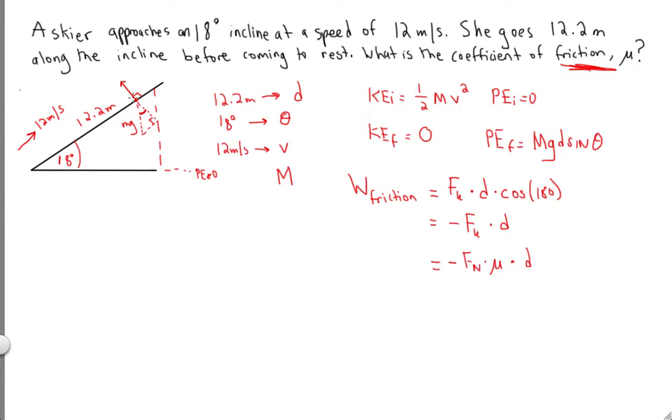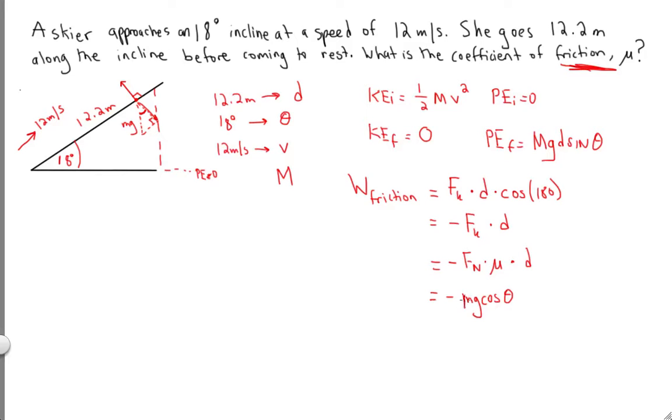So the question is, what is this normal force? Well, this magnitude is going to be the same as this one right here. So how do we calculate that? mg, the hypotenuse of this right triangle, multiplied by the cosine of theta. So negative mg cosine theta.